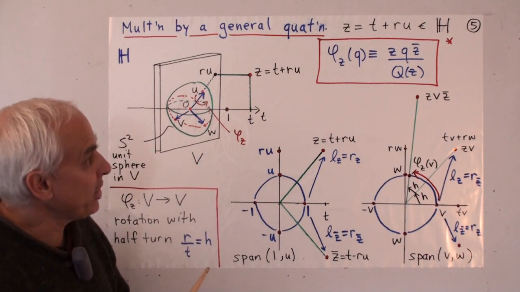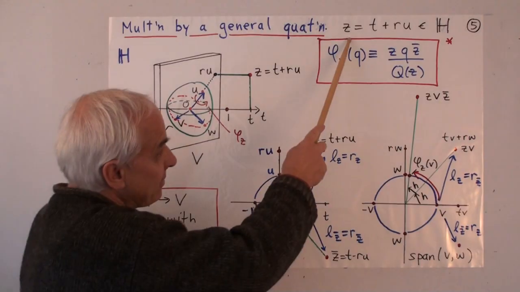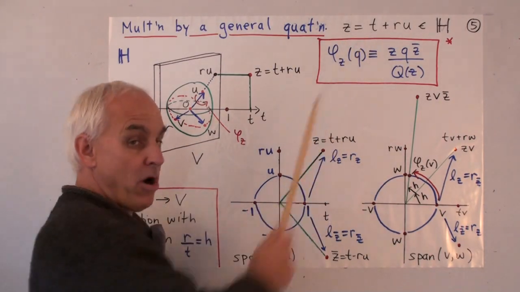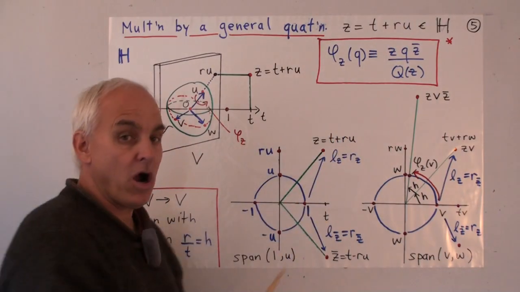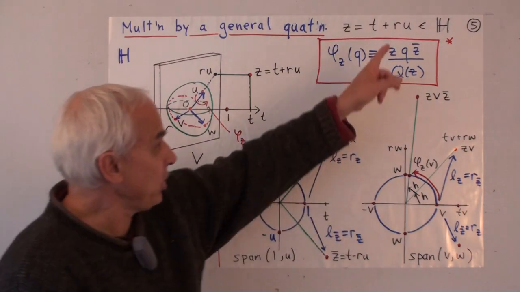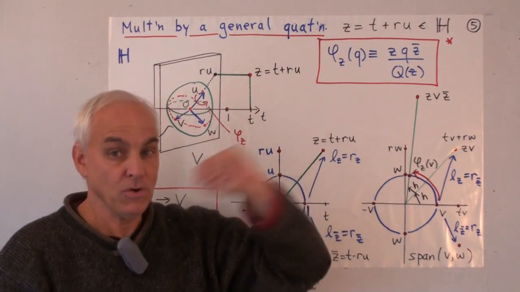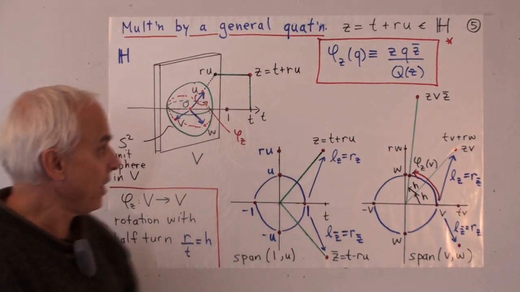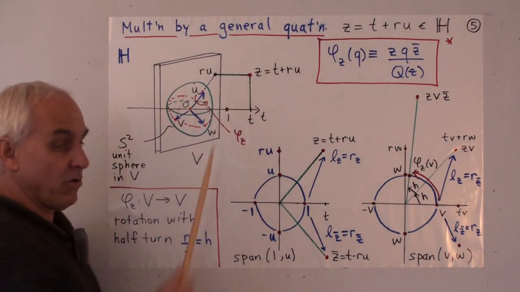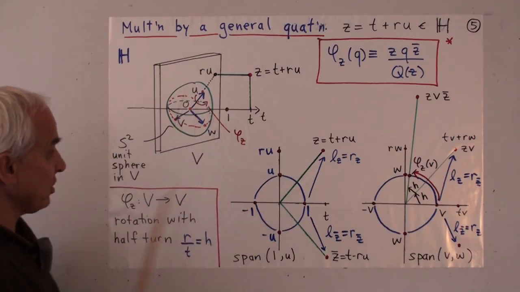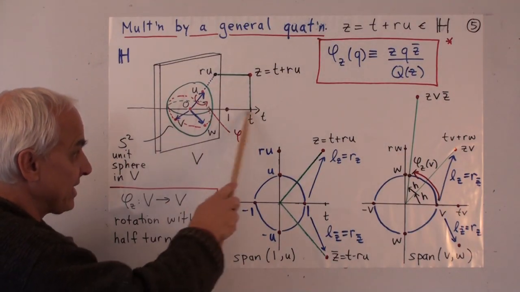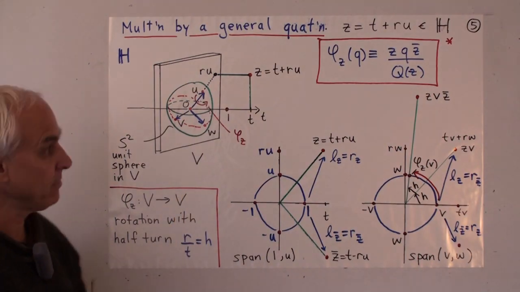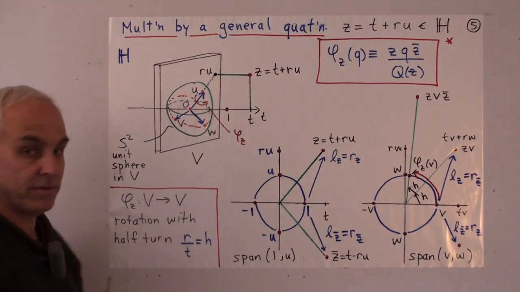So our general quaternion that we're going to choose is, say, z, which has a scalar part, t, and a vector part, which we'll write as r times u, where u is a unit vector. So here's our general quaternion somewhere in this four-dimensional space. It has a t component, or the scalar component, t, and it has a vector component.